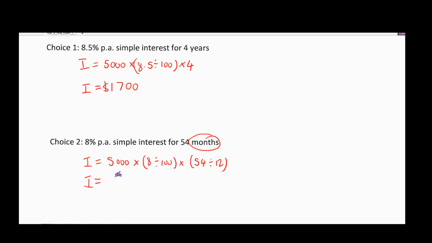So interest is going to be 5,000 times by 8 divided by 100 times by 54 divided by 12, which gives 1,800.